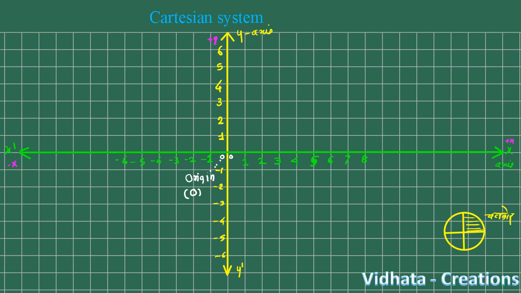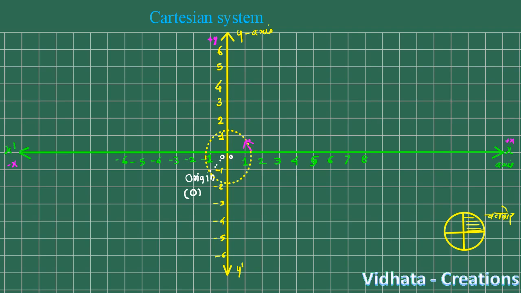Just see, if you move anti-clockwise from the 0, from the positive x-axis, how will you move? From positive x-axis, if you move like this, anti-clockwise, you will get like this here.